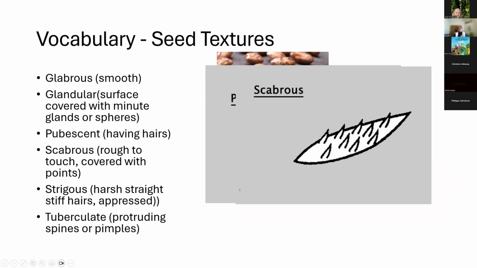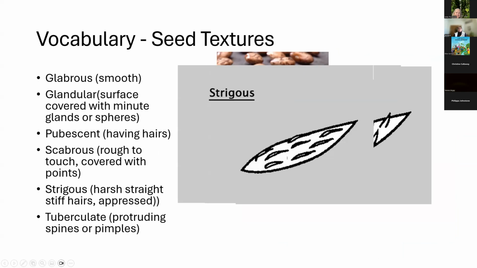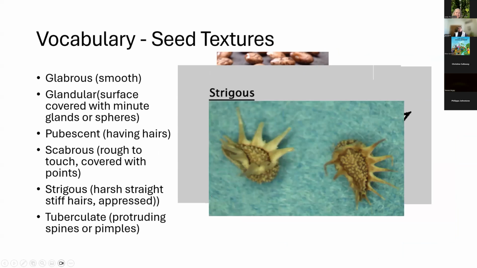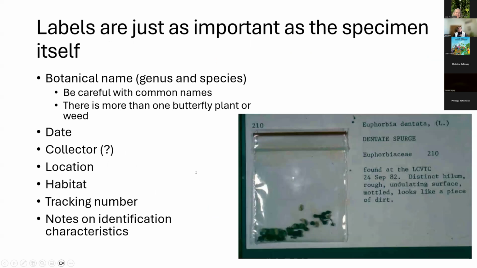They may have these tough little points and rough points on their surface, or those stiff hairs, or strigose is how we refer to that, as well as tuberculate or protruding spines. So we're using these types of identification characteristics to help us, again, identify the seed.